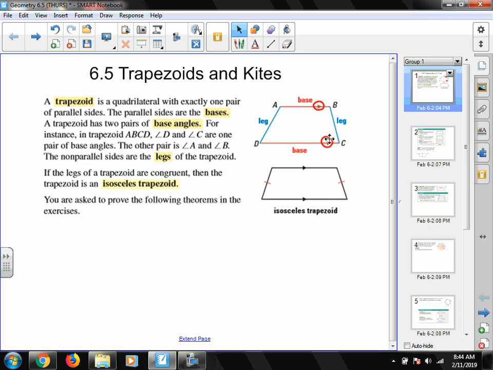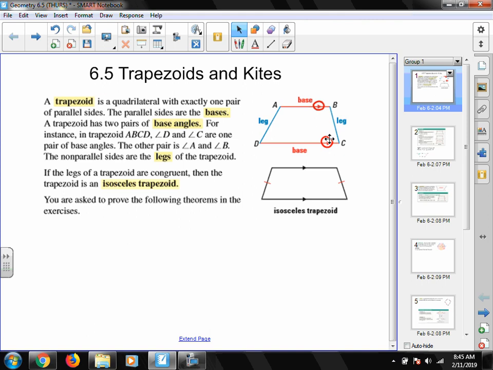Those parallel sides, as you can see in the picture here, are what we call bases. So we talk about base 1 and base 2. Obviously, they're two sides, so that's why we call them base 1 and base 2. Then, because we have bases, we have something called base angles.